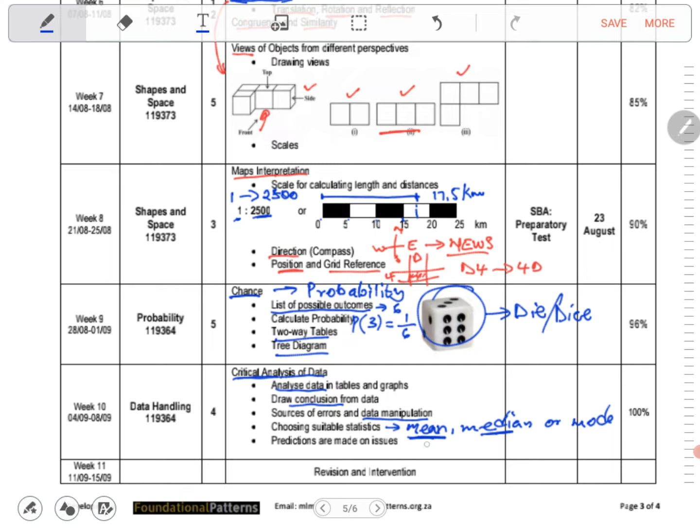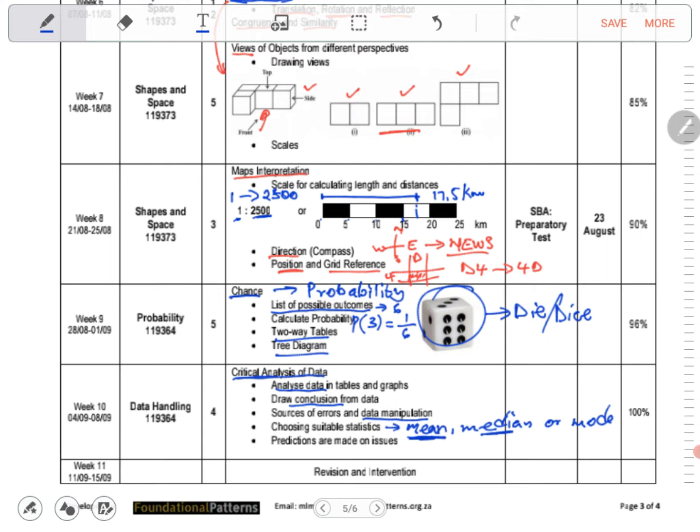So on average we would say ladies wear between 5 and 6, because we are dealing with numbers from size 3 up to size 8. So the middle of that would be between 5 and 6. But if you would have somebody that wears size 13, then the mean might shift from 6 to 7, for instance, or to 8. Then you can't say the average shoe size for ladies is size 8.